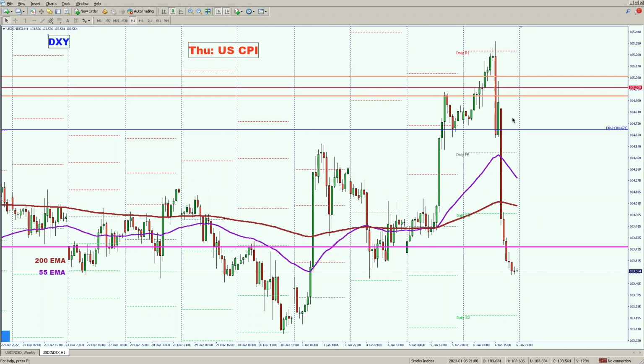Friday. But before that, on the Thursday, with the ADP private sector jobs report, that was the boost it got with better than expected numbers, and it continued to climb into the daily pivot on the Friday before the NFP data came out, which was not as good as expected.